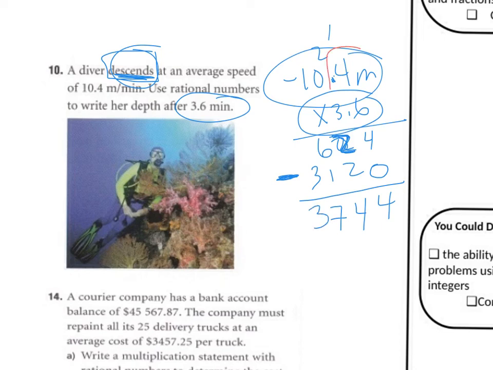I have 1 and 2 decimal places. So 1 and 2 decimal places. And my answer will be a negative 37.44. So this person dropped 37.44 meters in 3.6 minutes.